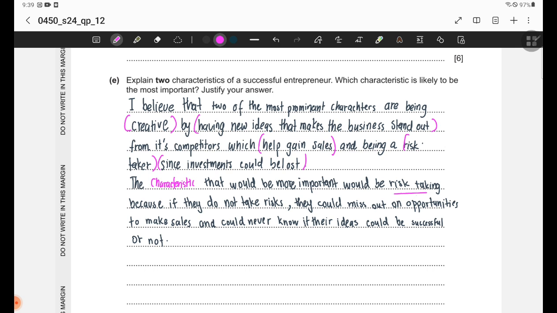You can choose the other one, but for me, I think this was more important, because if they do not take risks, by they I mean the entrepreneurs, they could miss out on opportunities to make sales, and could never know if their ideas, which here I'm actually arguing creativity, could be successful or not. So being creative is not enough. When you're creative, you need to try out your creative ideas, which is also in this case more like innovation. You have to be innovative as well in order for you to accomplish your goal. Okay.